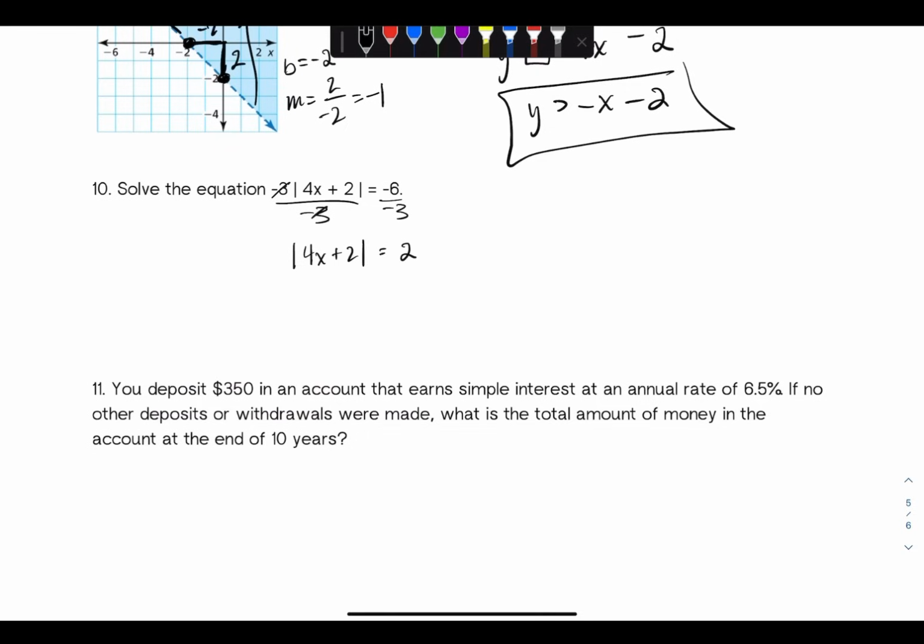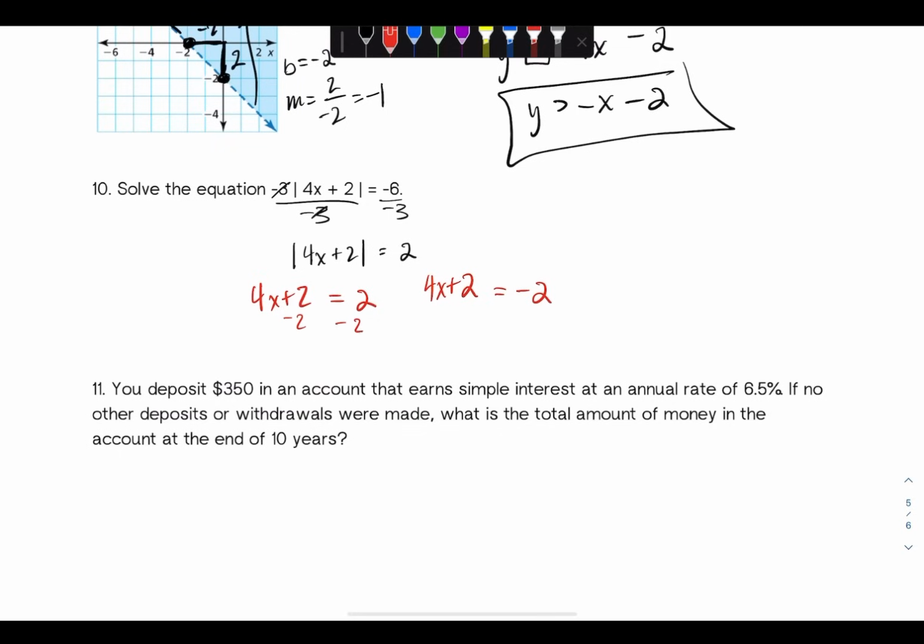Then I'm going to set up my absolute value. So remember, absolute value equations, I have one equation that's equal to 2 and the other equation that's equal to negative 2, because if inside of the absolute value I had negative 2, well, the absolute value of negative 2 is just 2. So I have 4x plus 2 equals 2, and then 4x plus 2 equals negative 2. And the steps to solve are going to be the same.